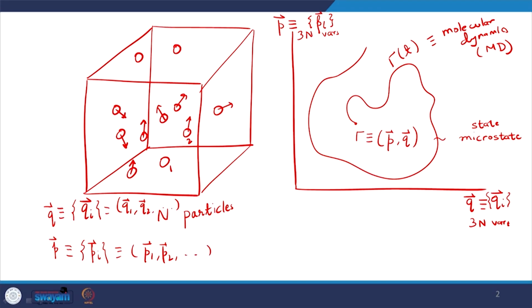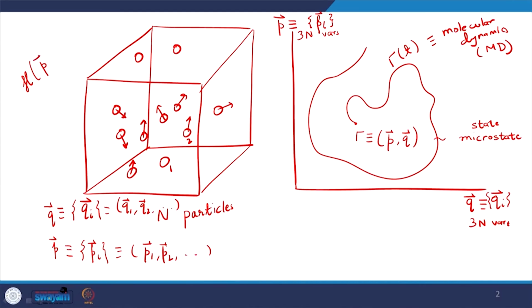So they are evolving, and therefore if I look at the evolution of the system, we are essentially evolving using the definition of the Hamiltonian, which is a function of P and Q, and at any given time you will have a particular value of P and Q, right.